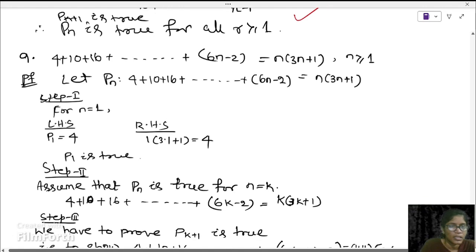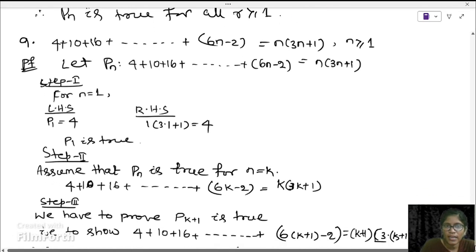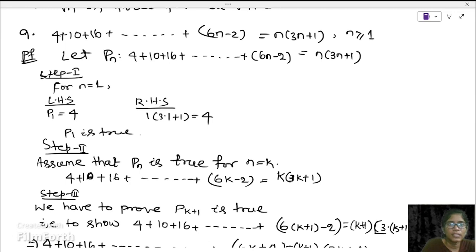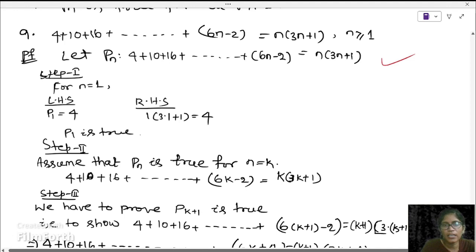Okay. Next, question number 9, which is 4 plus 10 plus 16 plus up to 6n minus 2 is equal to n into 3n plus 1. Similarly, same process, the left hand side of P1 is equal to 4, right hand side 1 into 3 plus 1, which is equal to 4.